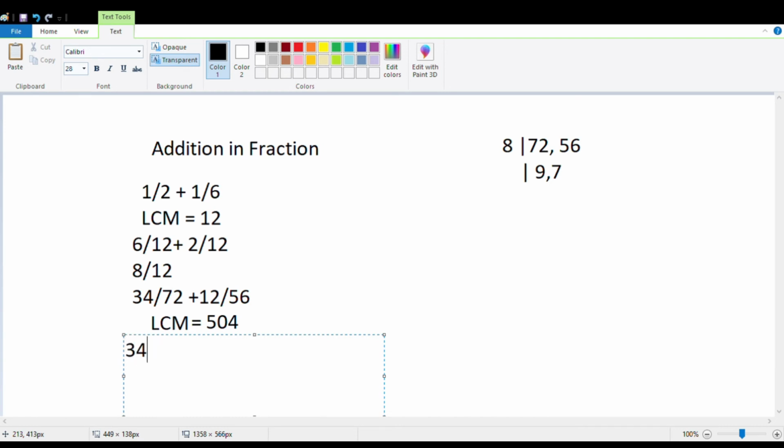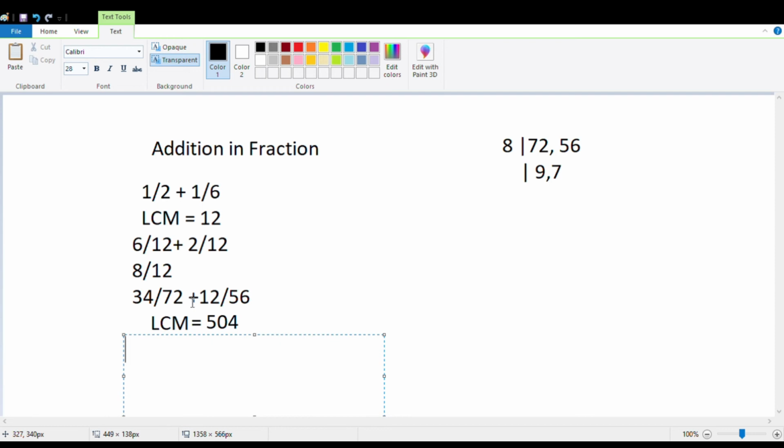It's a bit difficult to explain. So how much times 72 equals 504? That can be easily done by dividing 504 by 72. So 72 times 7 equals 504.